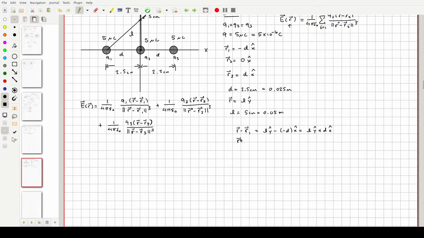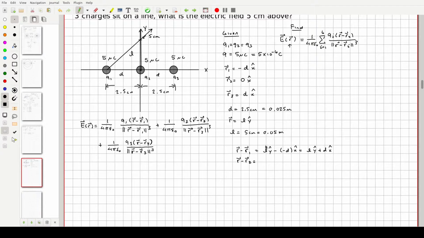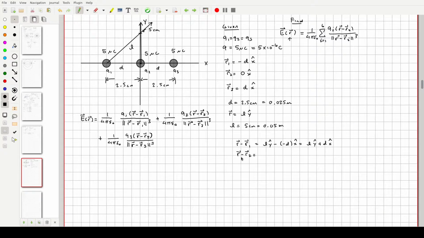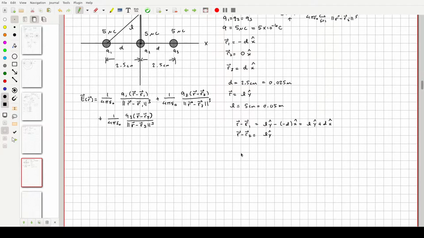What about R minus R2? Well, R2 is 0. This is just R, L y hat. What about R minus R3? Well, R3 is D x hat. So that's going to be L y hat minus D x hat. Okay? So there are our vectors.